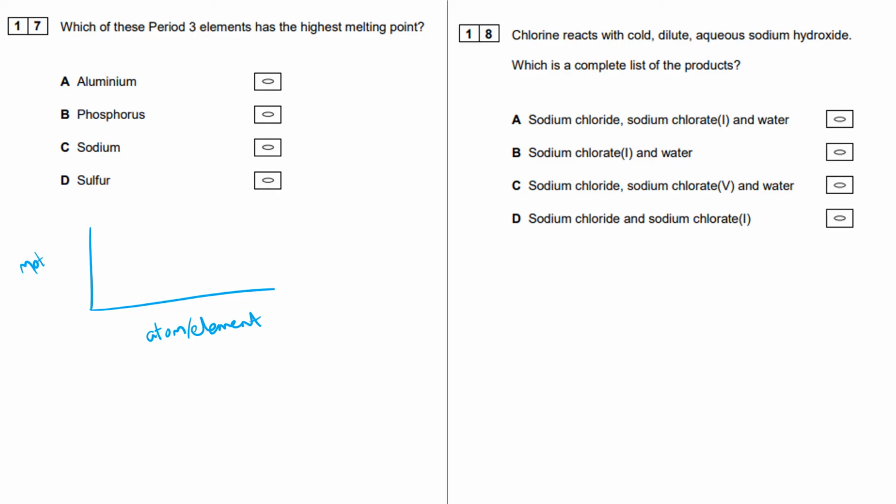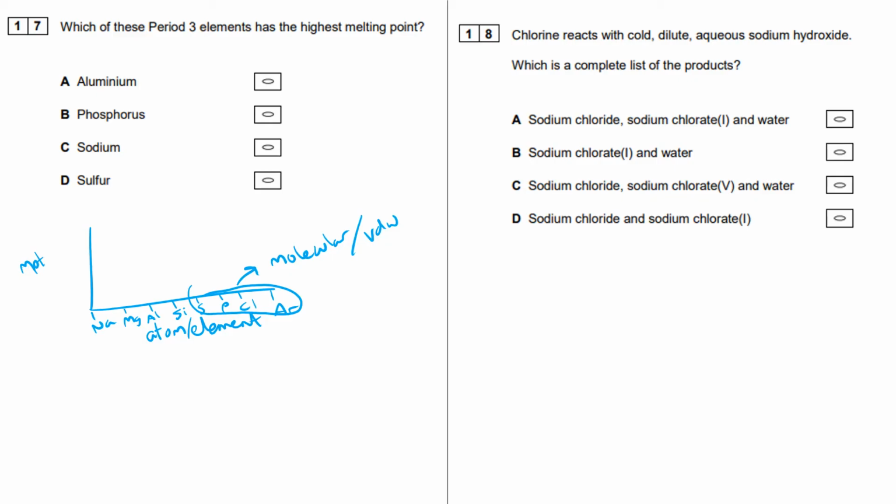You have your period 3 elements going from sodium across to argon: sodium, magnesium, aluminium, silicon, and then sulfur, phosphorus, chlorine and argon. Which one's got the highest melting point? Well, it's not going to be sulfur, phosphorus, chlorine or argon. They're molecular or monatomic, so they're just going to have weak van der Waals forces between molecules, or atoms in the case of argon.